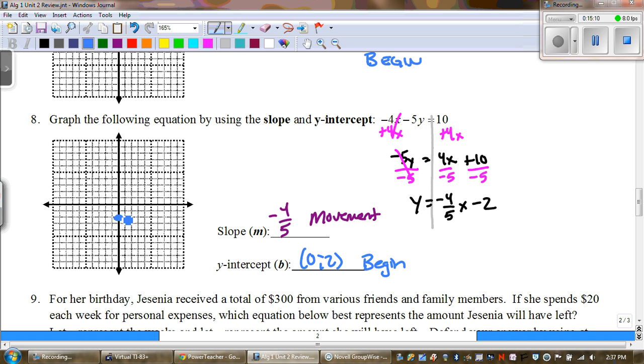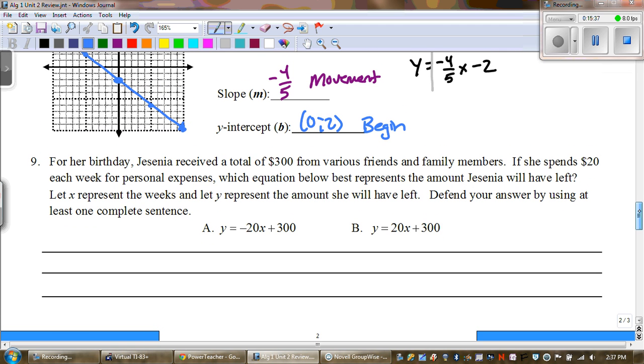Okay, so I go down 4 over 5, down 4 over 5. And I'm going to go in the other direction too by just completing the pattern. Remember, all of these are going to make straight lines. And there we go.